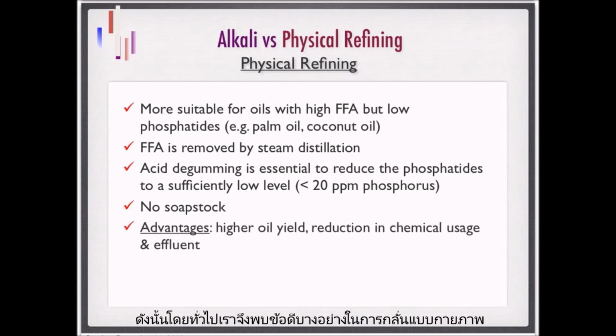So in general, we can say these are some of the advantages of physical refining. We can get a higher oil yield, a reduction in chemical usage, and also fewer problems with waste treatment.